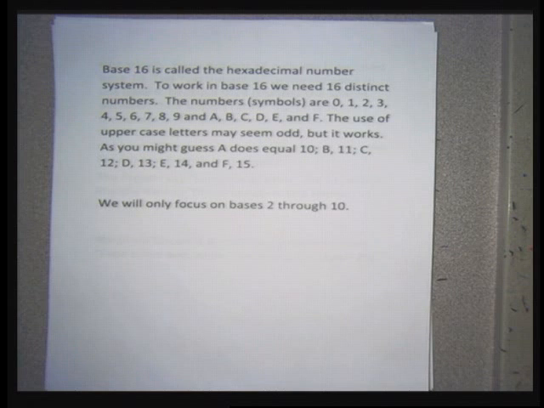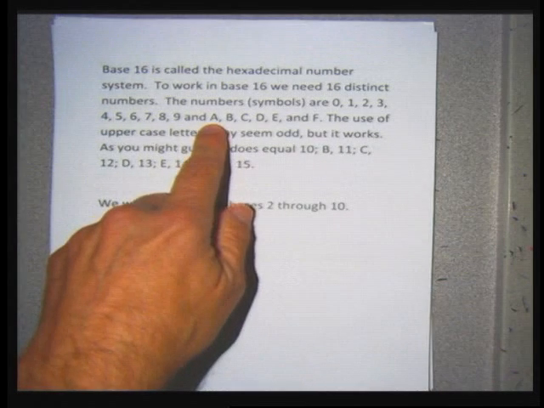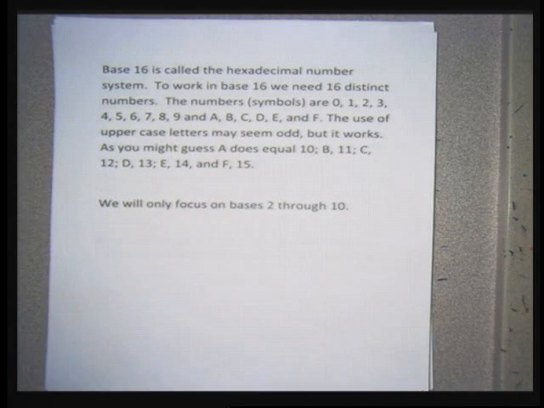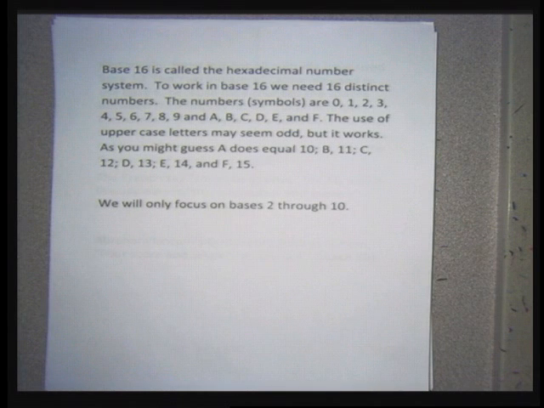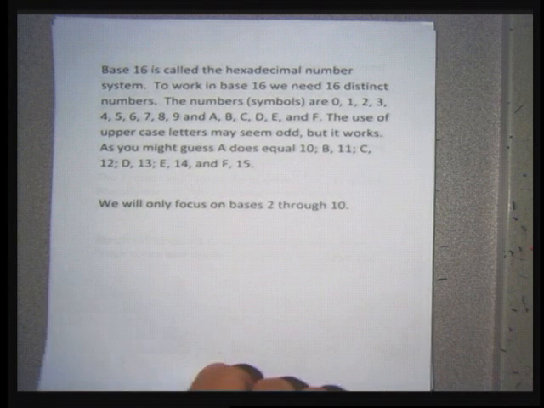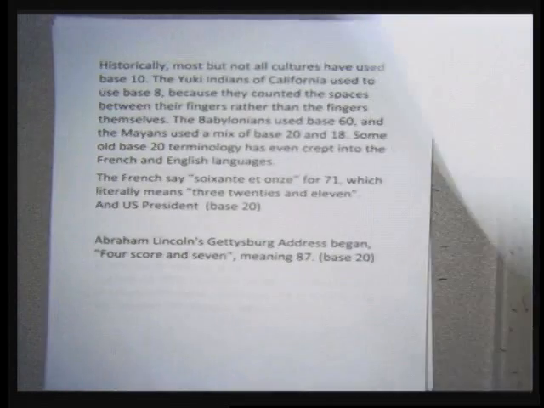Once we start getting beyond 10, bases 11 through 16, where we have to make up digits, like A is a 10, B is 11, C is 12, it gets a little bit harder, and we won't work with those bases, although maybe if you want to get some experience with base 16, I can teach you how to work in it. But ultimately, if you ever had to work in base 16, you'd be taught that in the class that you're working with that base in.